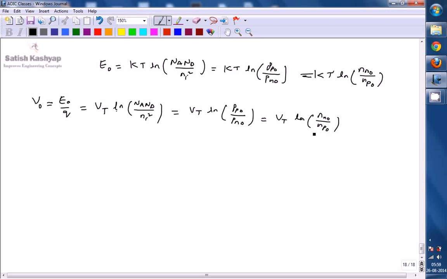So this is the equation for the cut-in voltage, and this equation can be expressed like this: Pp naught, hole concentration on P side under equilibrium, is equal to Pn naught into e power V naught by VT, and Nn naught is equal to Np naught into e power V naught divided by VT. These are the important relations with respect to open circuit PN junction.